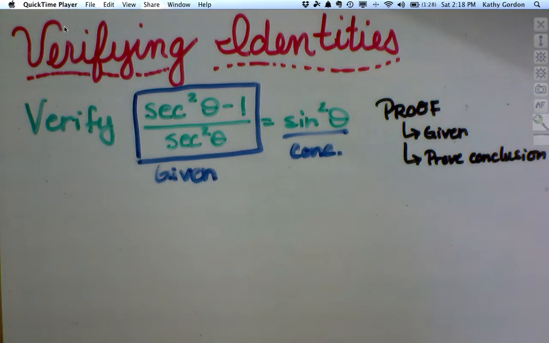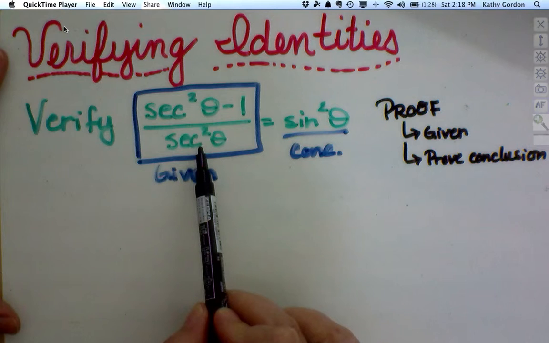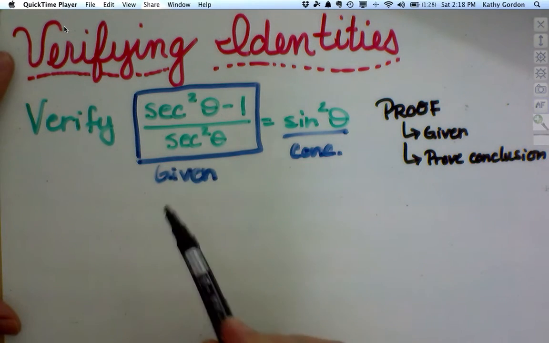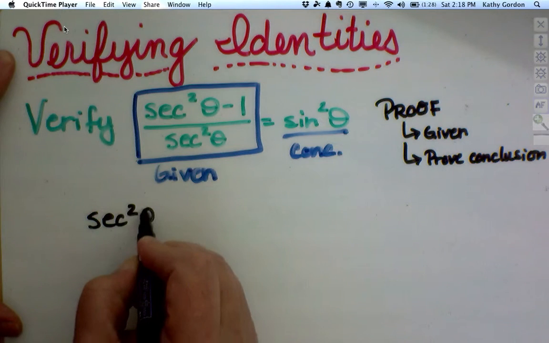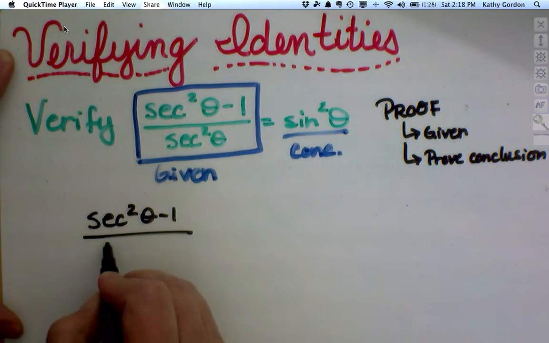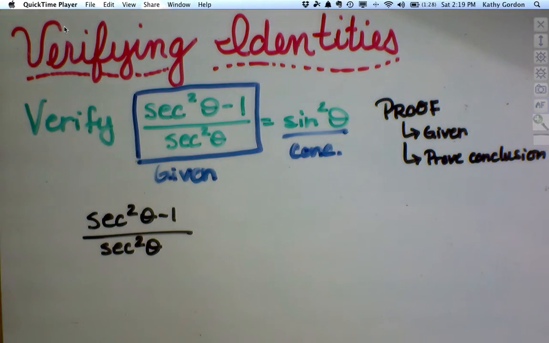Okay, so one of the things that the introductory video did not ask you to do, but I am going to expect, is that you take whichever side you've chosen as your given side, and you must write that side first. So just like in geometry, the very first thing you do is you state your given.